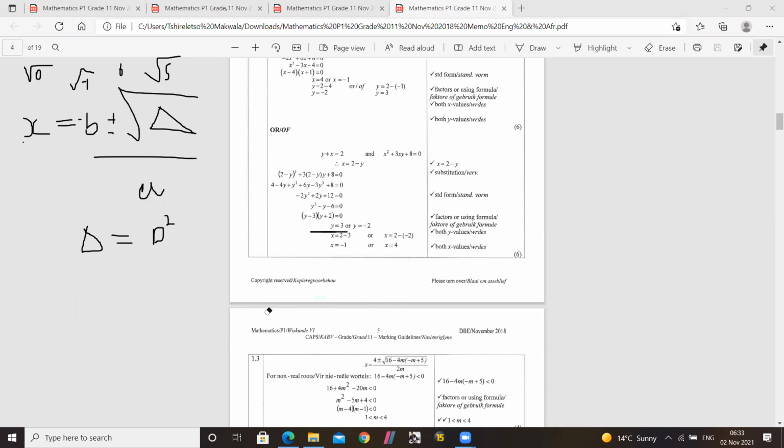Then when it's not a perfect square. So when delta is just positive, but not a perfect square.